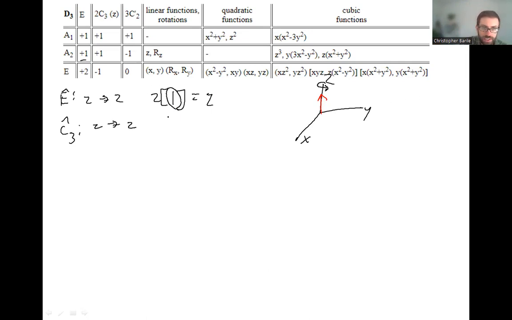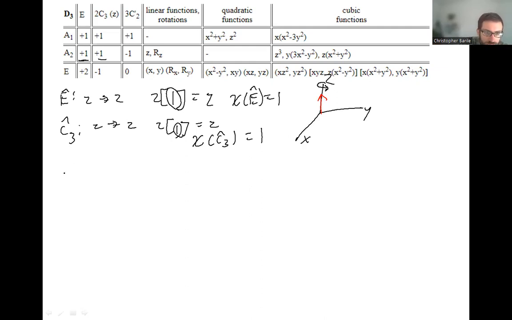So z again is going to go to z. And so again, we get this 1 by 1 matrix that explains that. And the character, or chi, is what we write for the C3 operation, is equal to 1, which is why we have a 1 up here. Could write up here chi of the identity equals 1, which gives rise to that one. Chi just is a Greek letter we like to use for character.